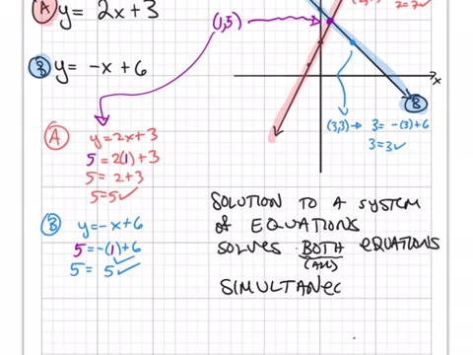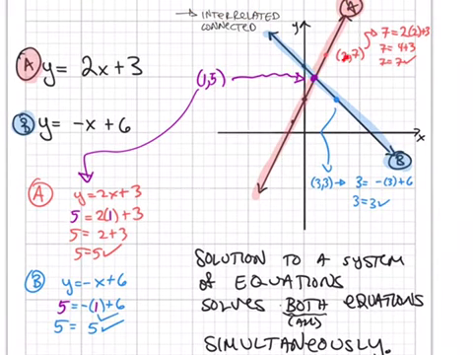It's a pair of numbers in this case because there are 2 lines and all points in our class have 2 coordinates, okay? So these 2 coordinates, 1, 5, simultaneously solve equation A and equation B, and that point is the only point that is on both line A and line B.